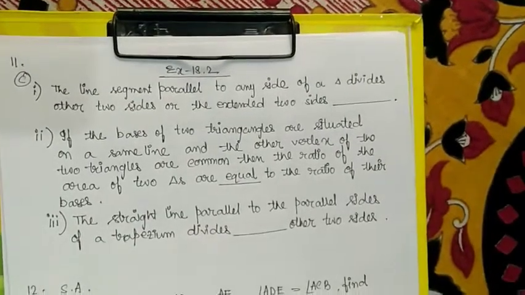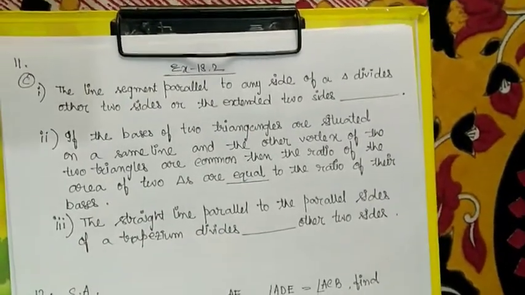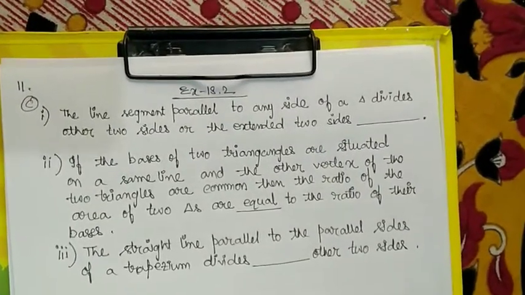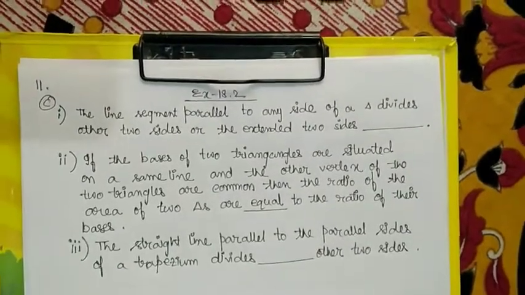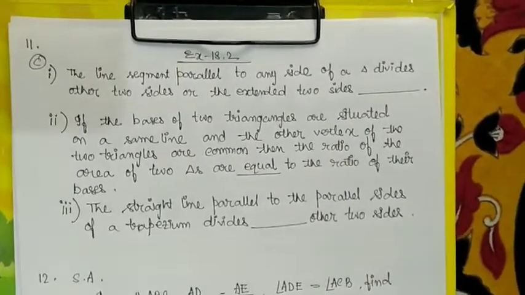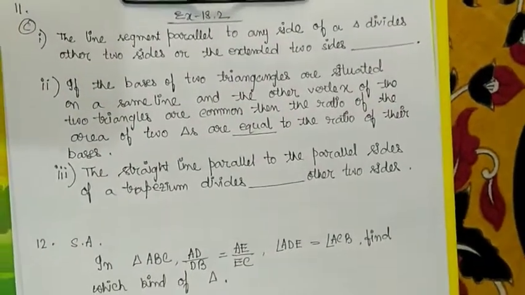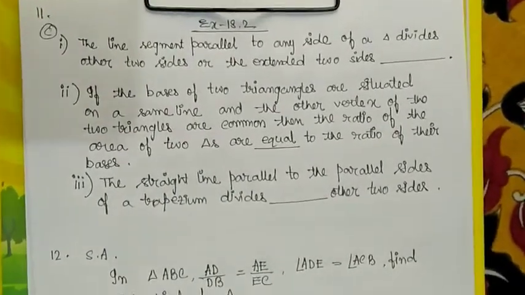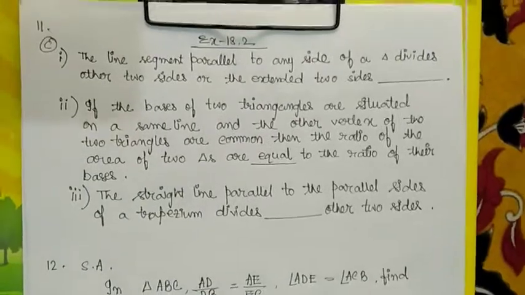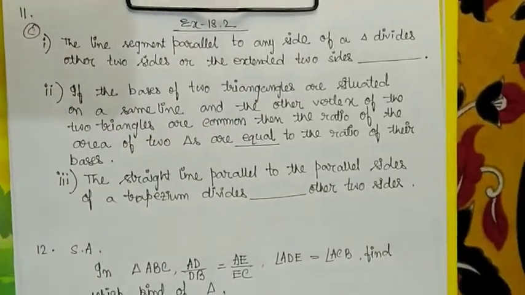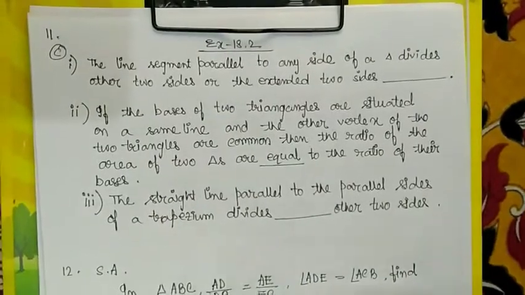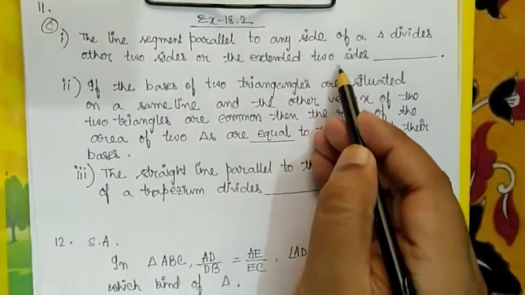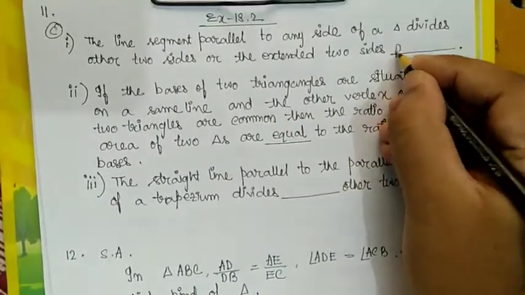In this chapter 18, first of all we discussed Thales theorem, where if two angles of a triangle are equal to two angles of another triangle, then the sides are in the same ratio. So this answer should be: the line segment parallel to any side of a triangle divides the other two sides or the extended two sides proportionally. This is a very important short question.